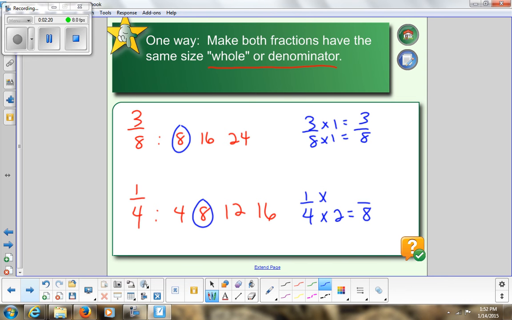What we do to the bottom, we have to do to the top. So we have 2/8 and 3/8. Now we can compare, right? This one is bigger because 3 is bigger than 2. We have the same size whole right here, and we can determine by the number of parts that we have that 3 is bigger than 2.